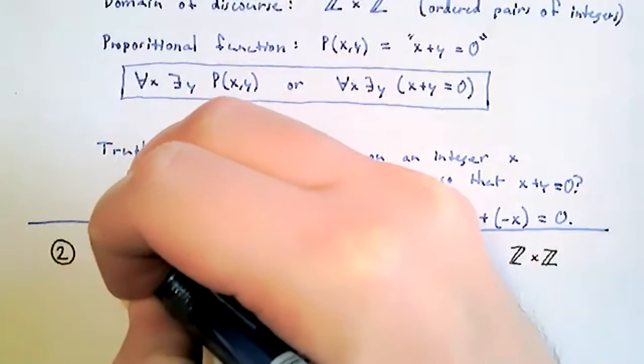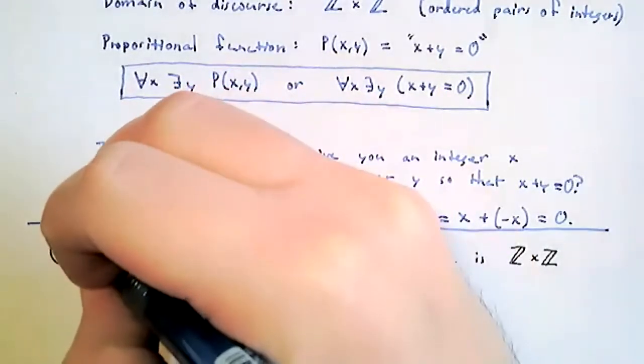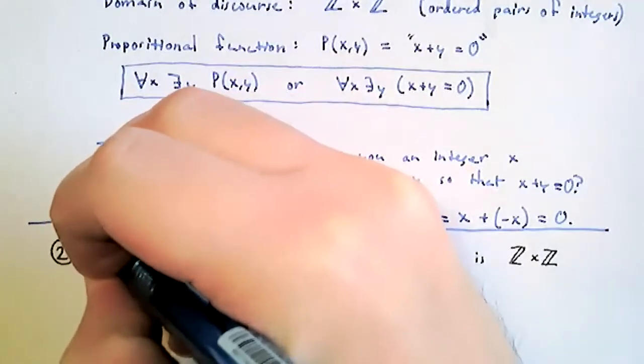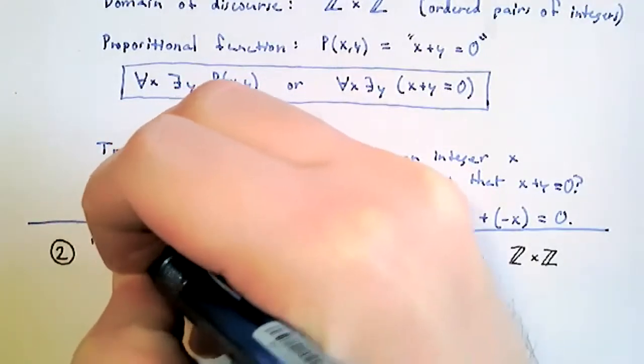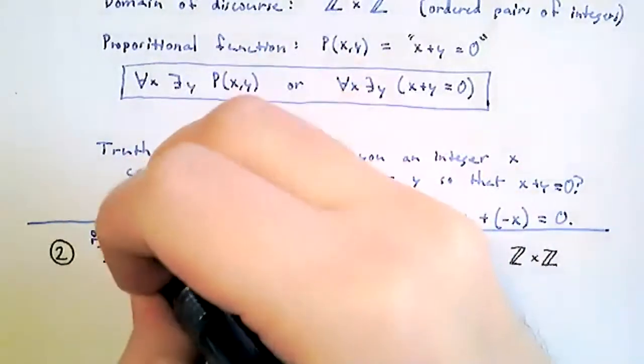And so what we're going to be looking at in this example is what happens when we switch the order. And also, going back to the table on the last page, this is the bottom left one.